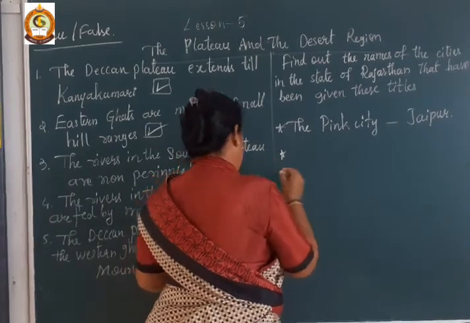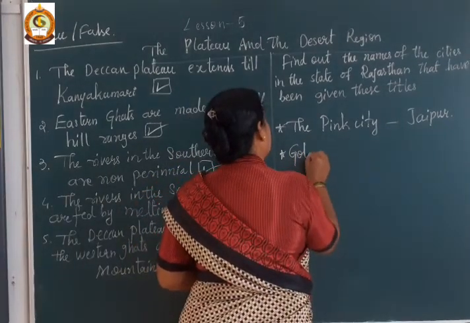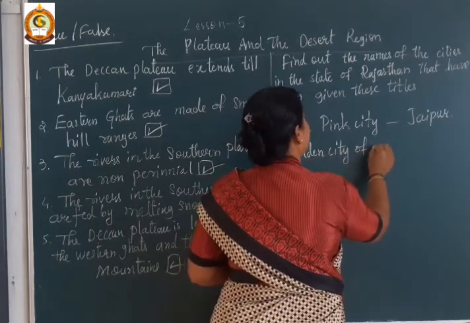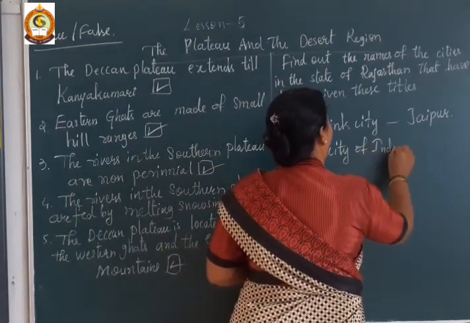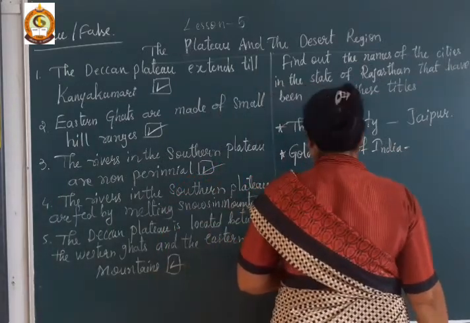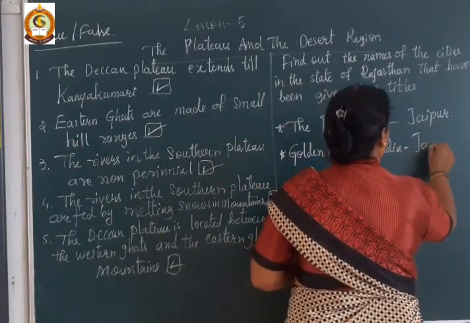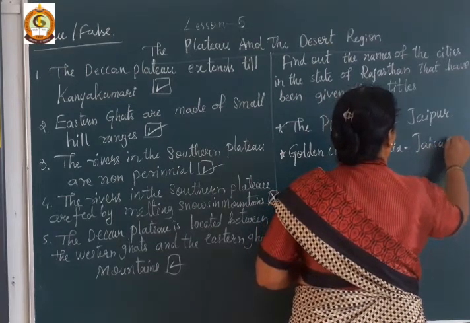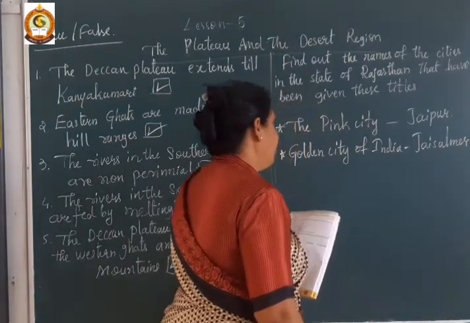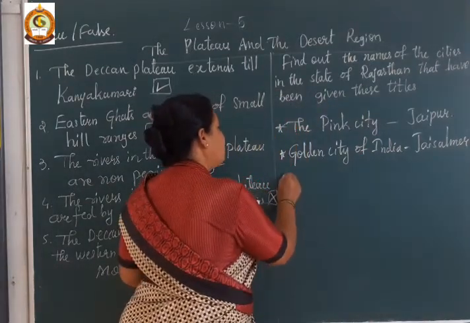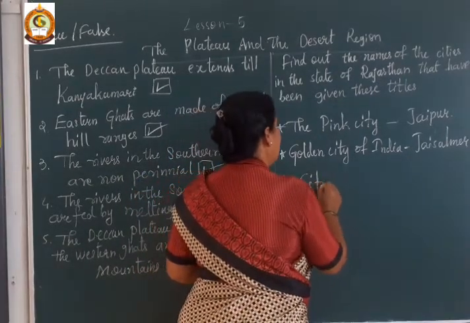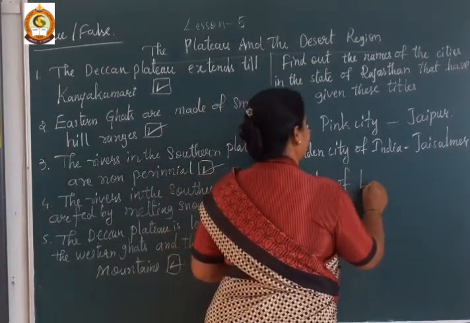Then second one, the golden city of India. Which city is called the golden city of India? Jaisalmer. Jaisalmer is called the golden city of India. Then, dear student, the city of lakes.